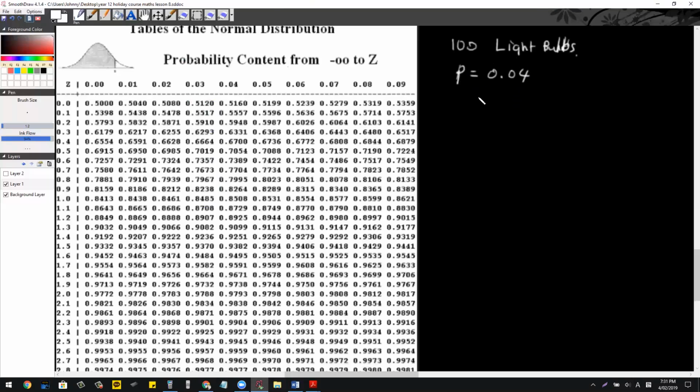Okay. So you have 100 light bulbs. So obviously the expected number of defective light bulbs is 4, 100 times 0.04.